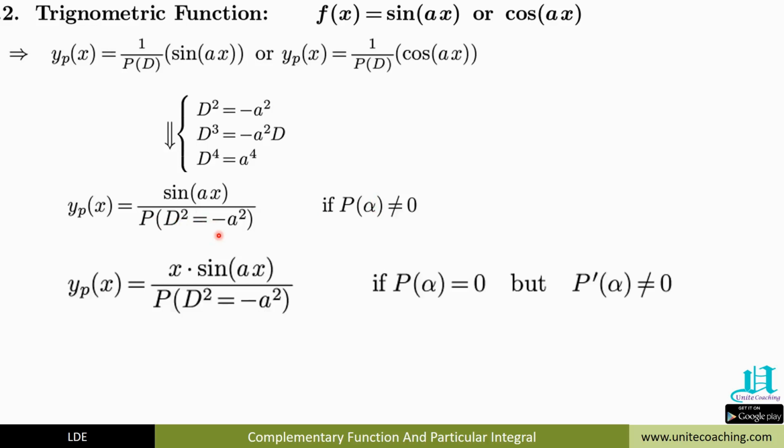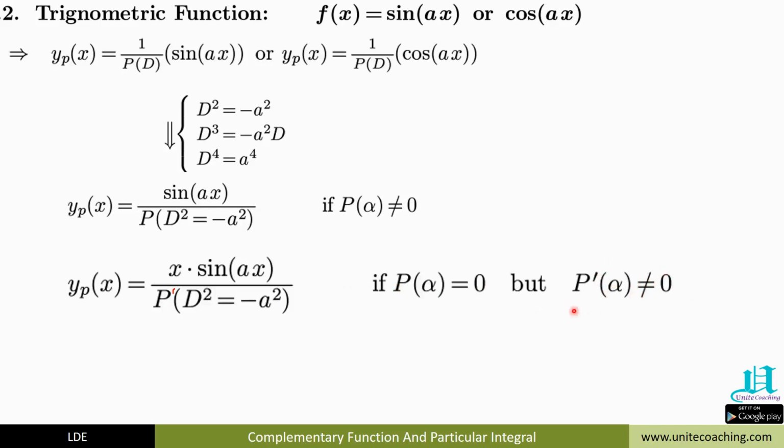Now if this becomes 0, we will put x in the numerator and p dash in the denominator, right? So here it should be a p dash. The condition for this is that p of D should be 0 and p dash should not be 0.